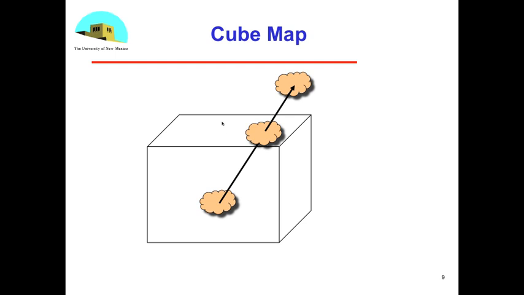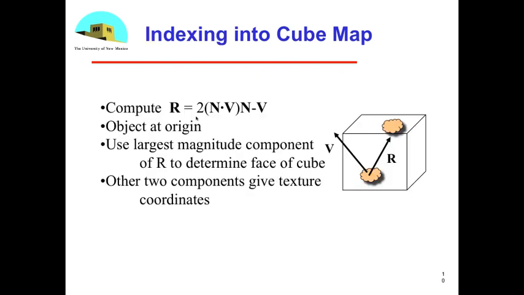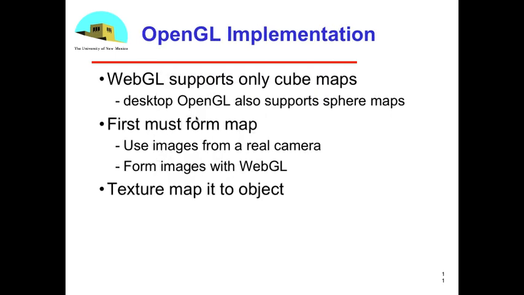But in order to get this top view of the virtual scene, I put a camera over here and take a picture looking straight up. And what do I get? This is the image that I form right here. And now I'm going to use that image as a texture for part of the cube map. And I do it 6 times to get the 6 images that form the surface of the cube. Okay, so we can do that. And now we do the texture map to the object, where the cube map will do this correctly.